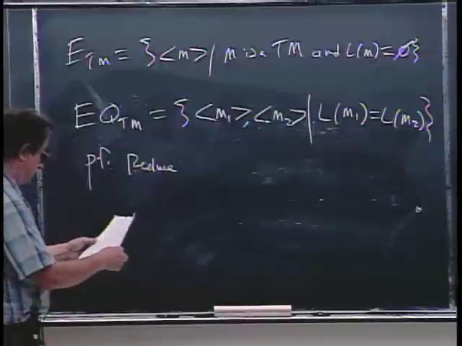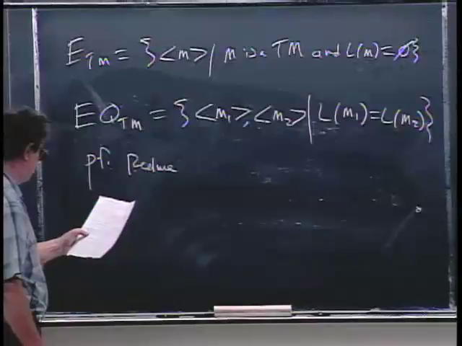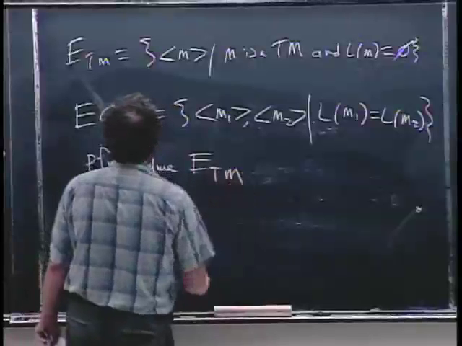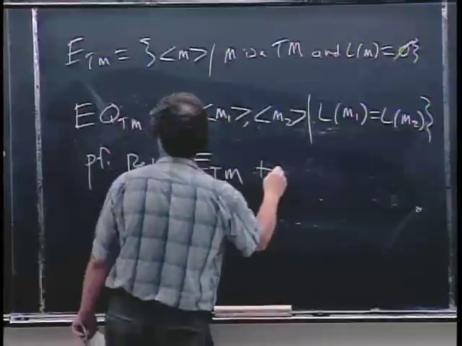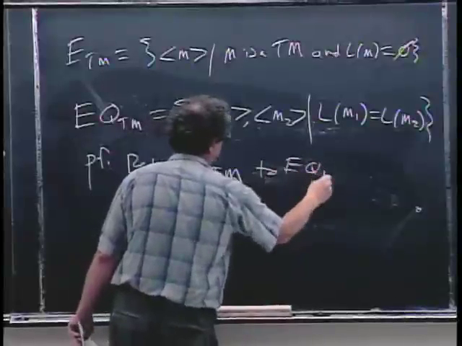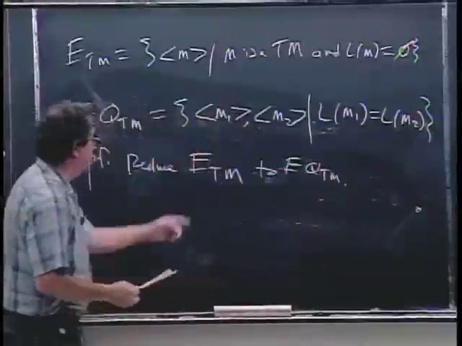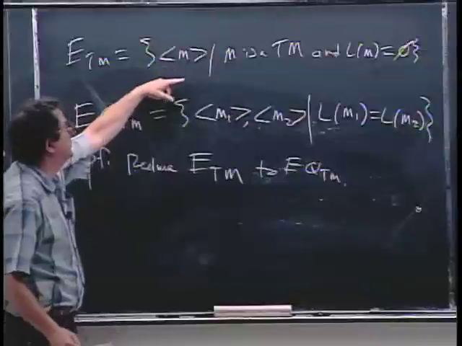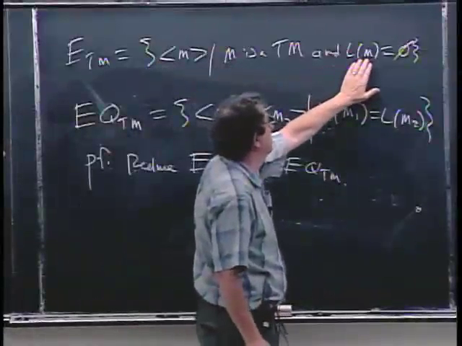A lot of people use it, but we don't have to use it, and this is going to be a case where we're going to use ETM. Right there, ETM. Reduce ETM to EQTM. ETM, again, is the set of all descriptions of Turing machines such that its language is empty.